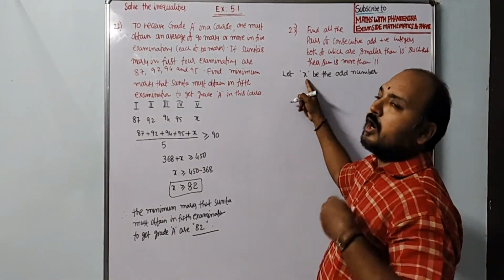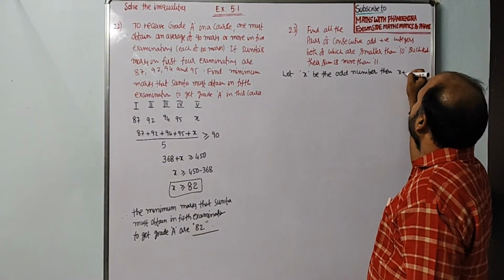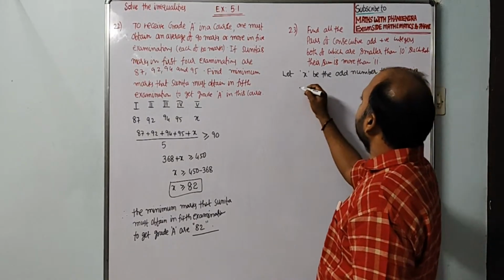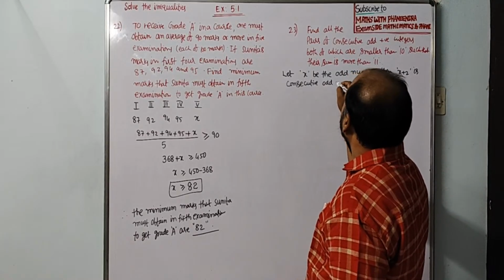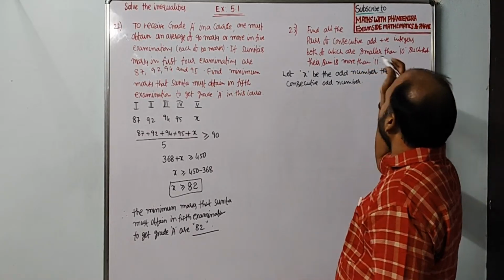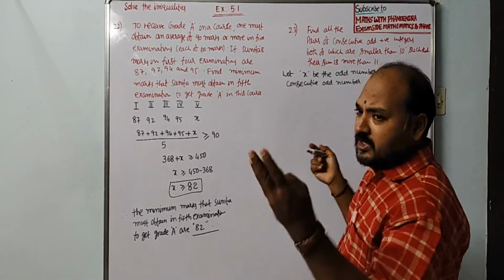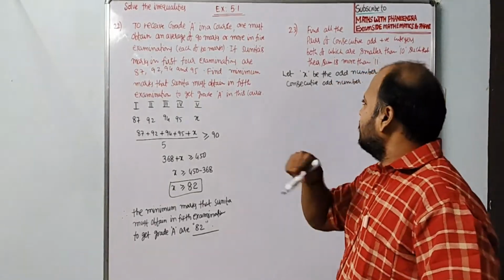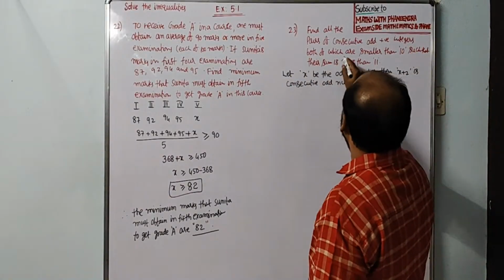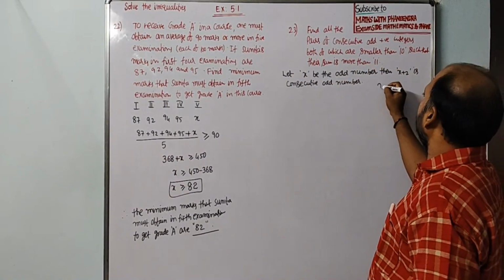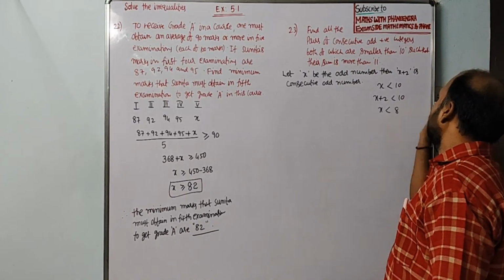So x is an odd number, then x plus 2 is the consecutive odd number. Suppose x equal to 3, then 3 plus 2 is 5; x equal to 1, then 1 plus 2 is 3. Both are smaller than 10. So x is less than 10, x plus 2 is also less than 10, so x is less than 8.